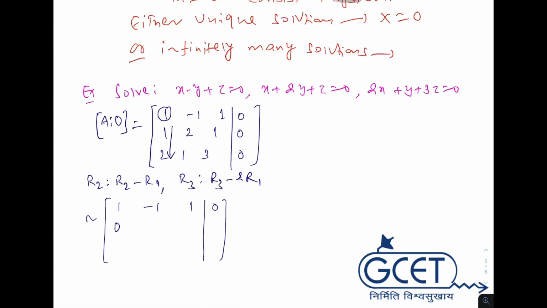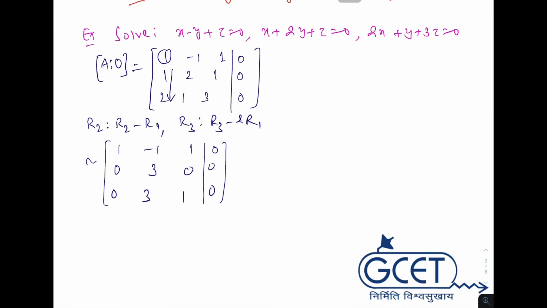Then 2 minus minus 1, so 2 plus 1, so that is 3. This is 1 minus 1, 0. Then this is minus 2 multiply and add here. So minus 2 plus 2, that is 0. This is a minus 2, so that will be 2 plus 1, so that is 3. And then this is a multiply with minus 2 plus 3, so that is 1.